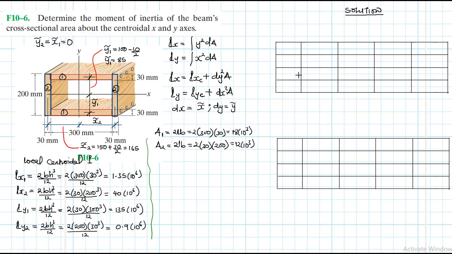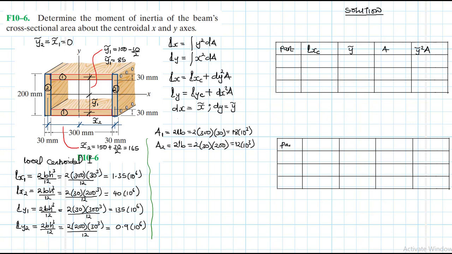Okay, so let's fill in the table quickly. So we have part, then centroidal moment of inertia for each individual part, then y curled, then area, then y curled square times area.